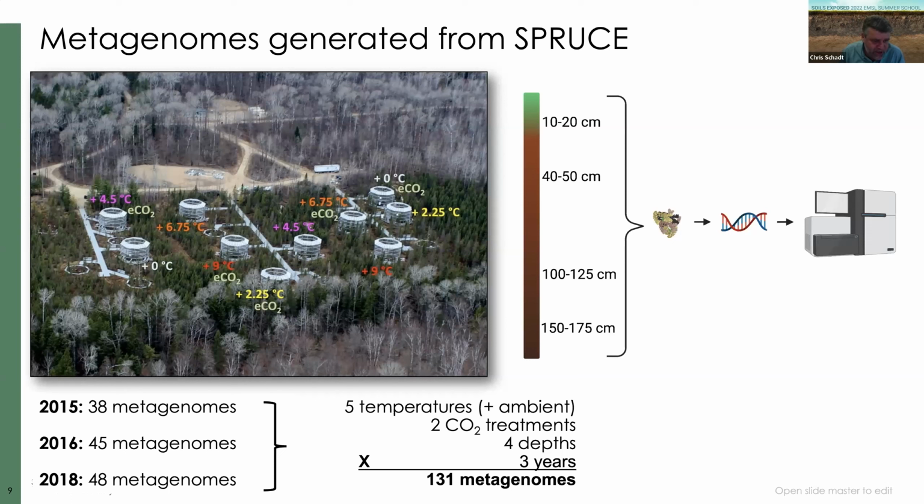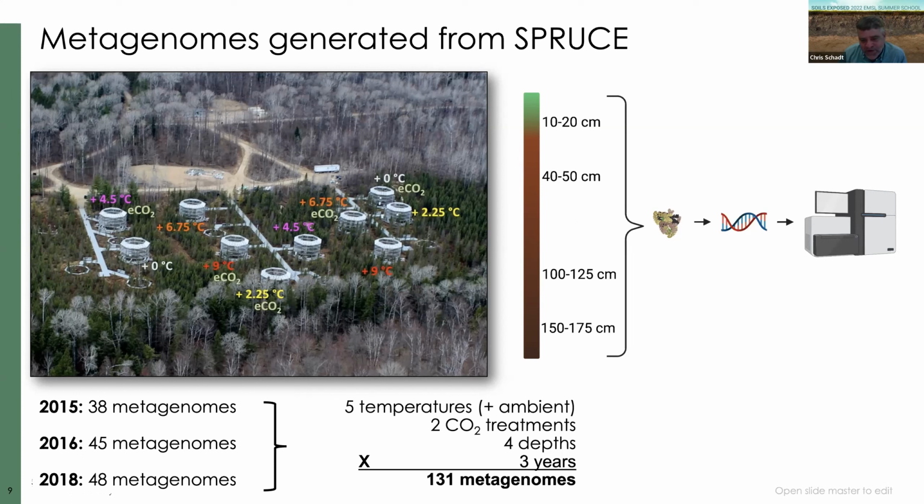In 2015, after the first year of peat only heating, where we weren't heating above ground, we collected 38 metagenomes representing all of the built plots, not the ambient plots that year, and from 4 different depths within the peat profile. As I just told you, depth is a very important variable. So we collected those metagenomes for 4 different depths within each profile.